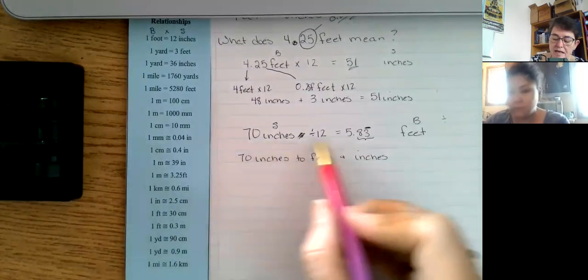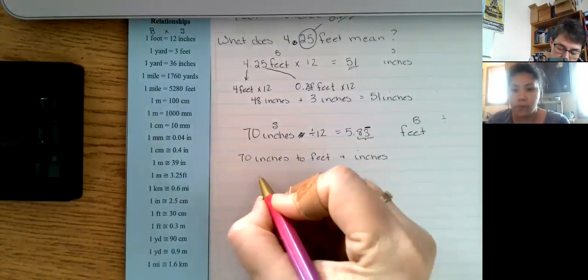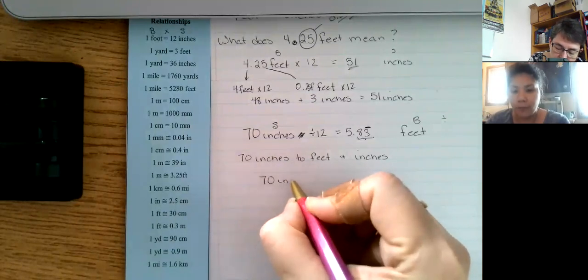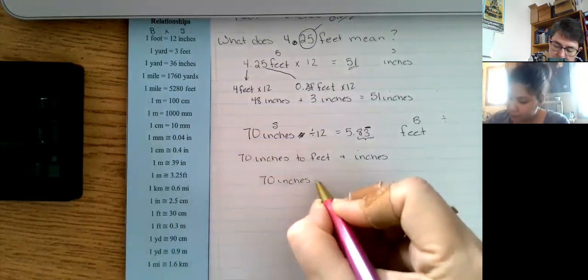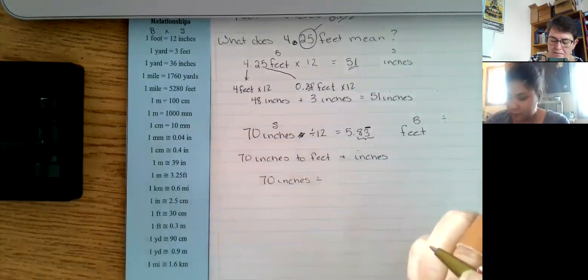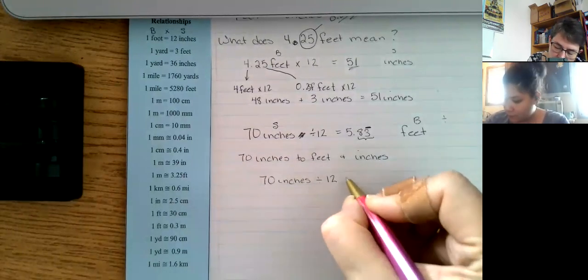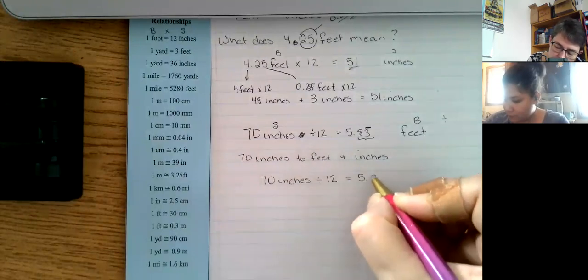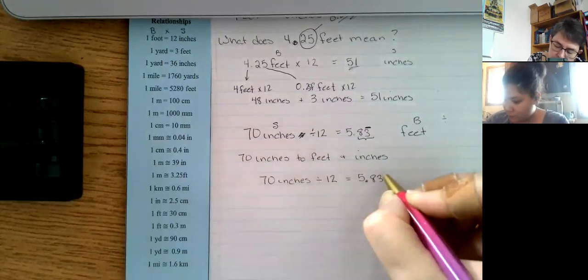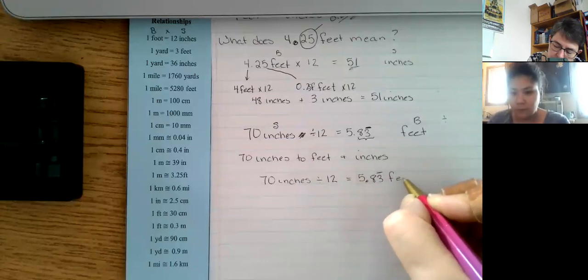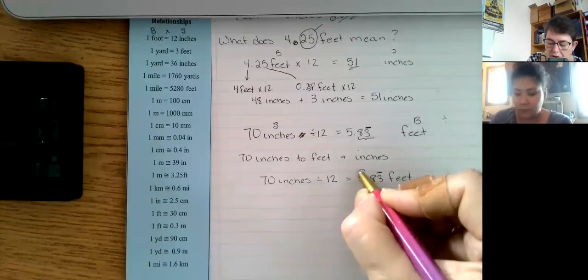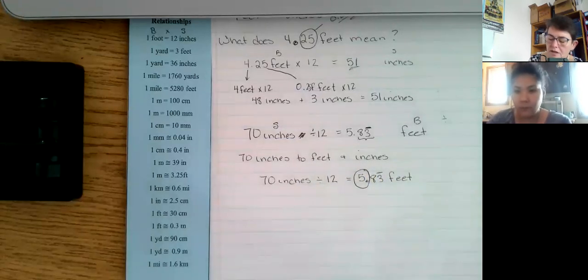So the first step is exactly what we did over there. We take 70 inches divided by 12. So we know the answer is going to be 5 feet.